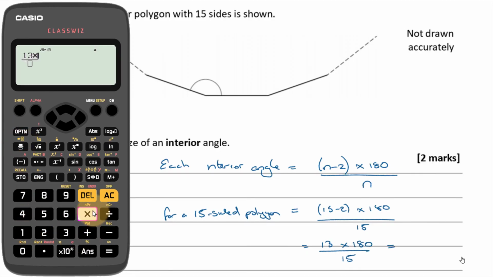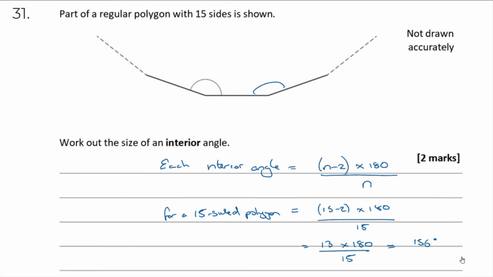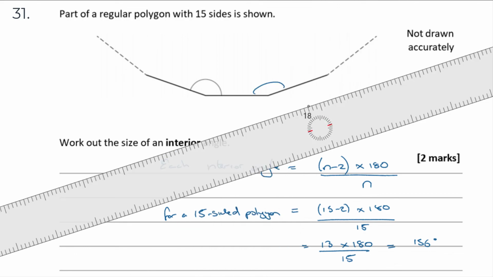What's that then? 13 times 180 divided by 15, that comes out to be 156 degrees. Doesn't it look about right? Well, it's almost a straight line, this one, isn't it? So it should be getting that way. Yeah, 156 degrees.